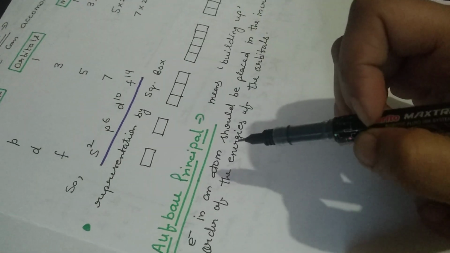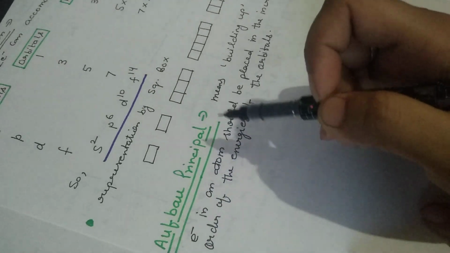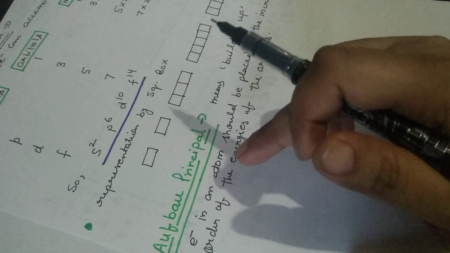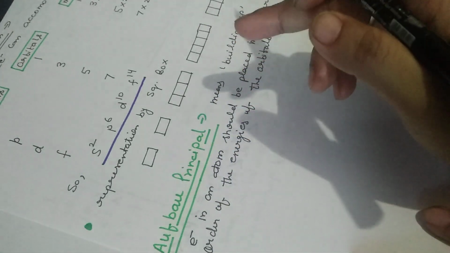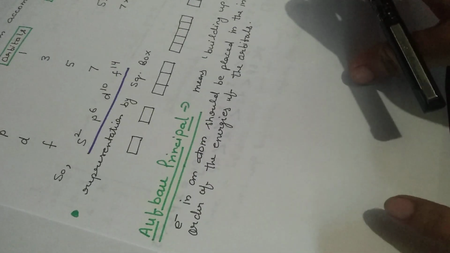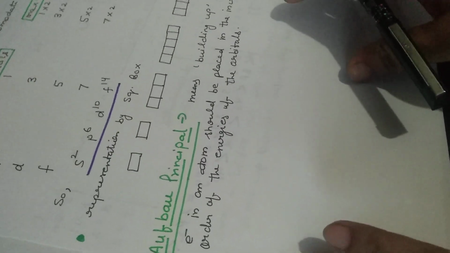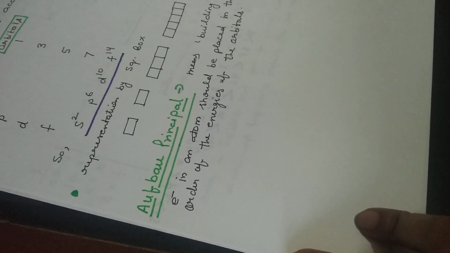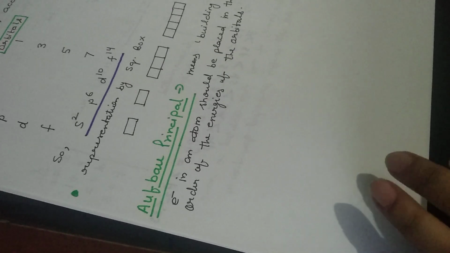So electrons should be placed according to their increasing energy levels in our orbitals. Okay, so we will understand how we fill the electrons in the orbitals.